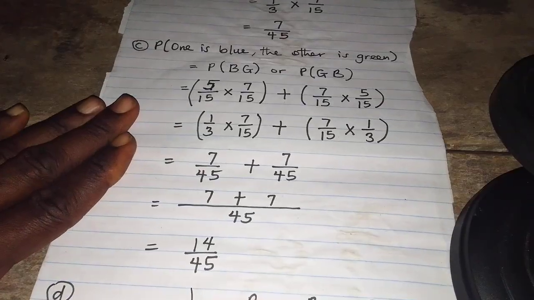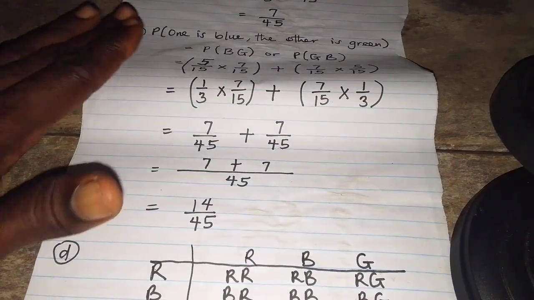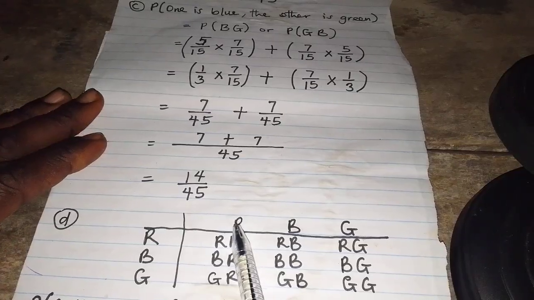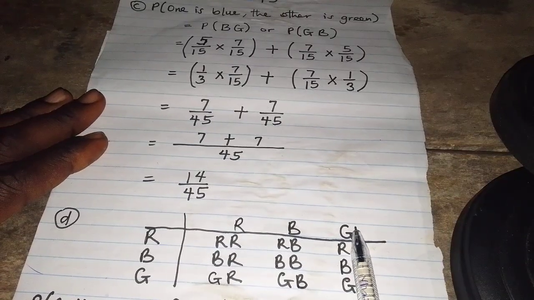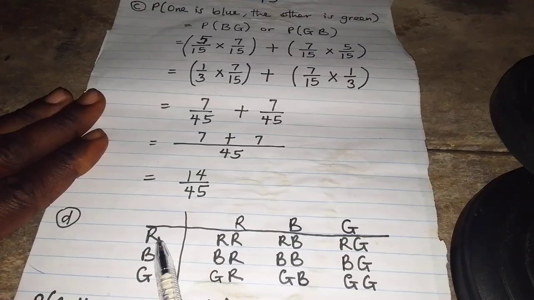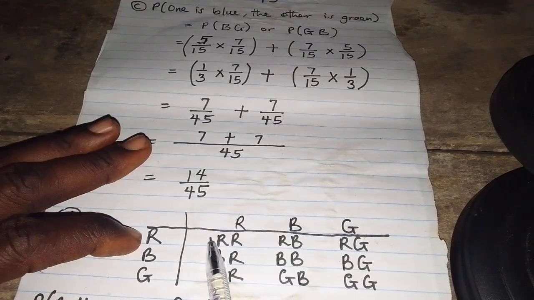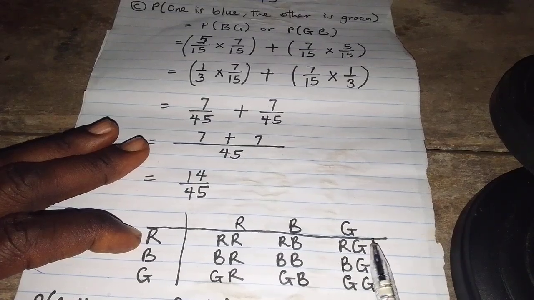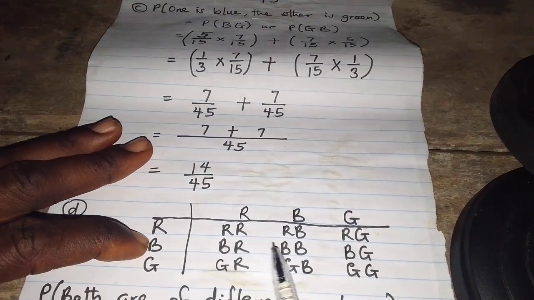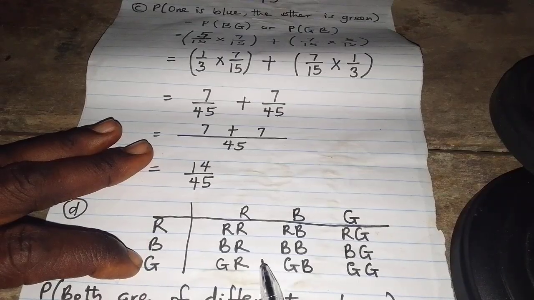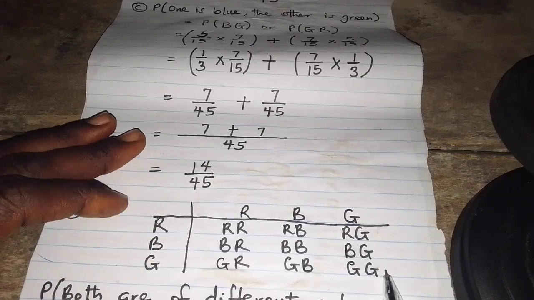It's better to first have the arrangement this way. Now you have red, blue, and green balls, and again red, blue, and green balls. If you want to combine them, you have red-red, red-blue, red-green, blue-red, blue-blue, blue-green, green-red, green-blue, green-green.